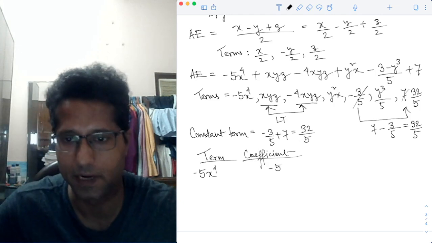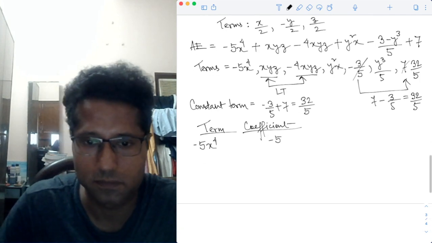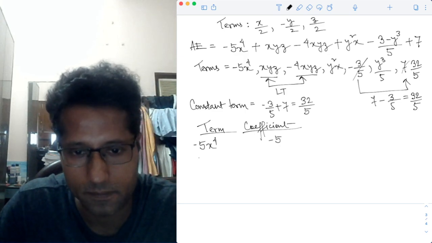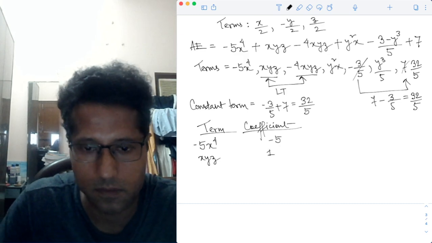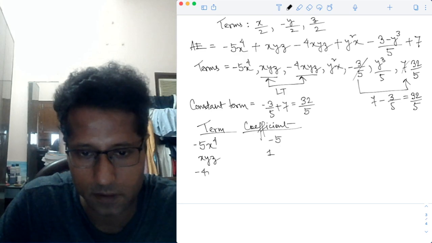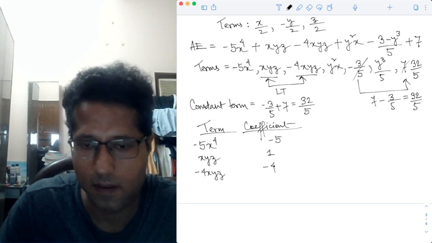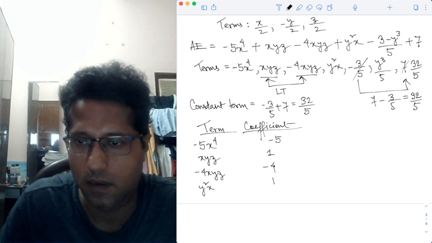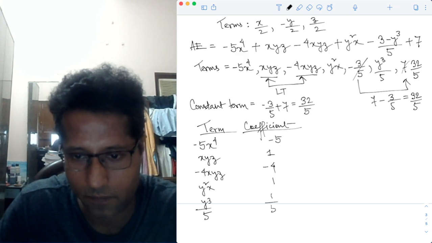Only the numerical part of a term. So for xyz it is 1, for minus 4xyz it is minus 4, for y square x it is 1, and for y cube by 5 it is 1 by 5.